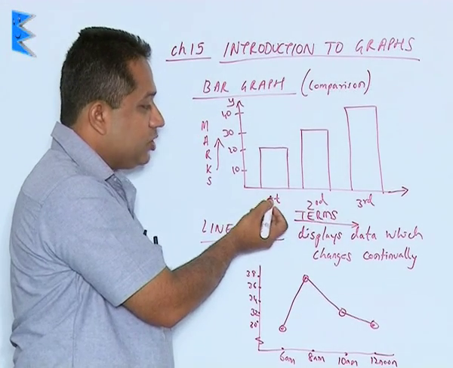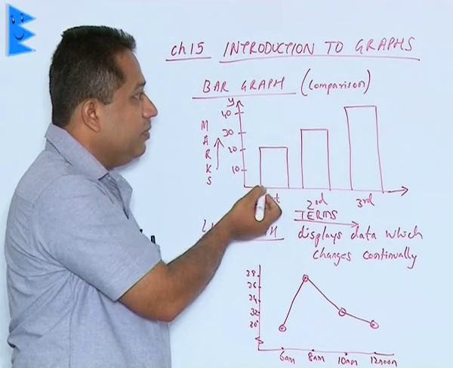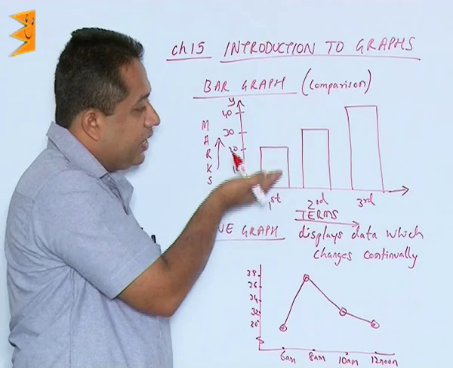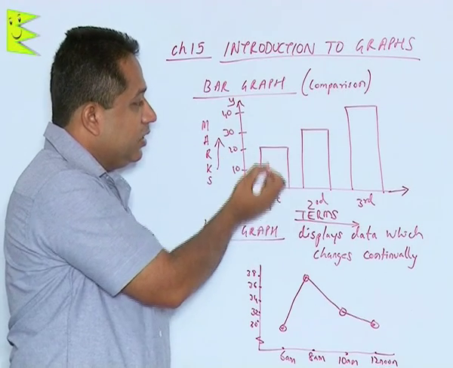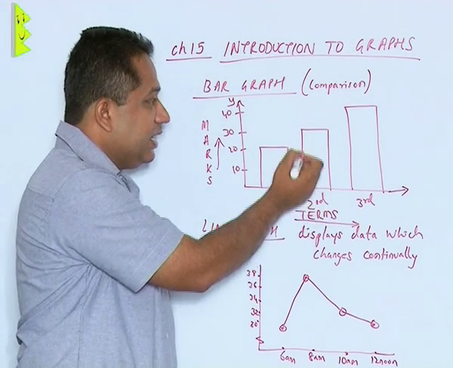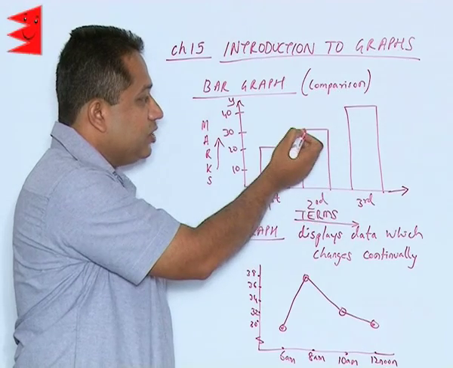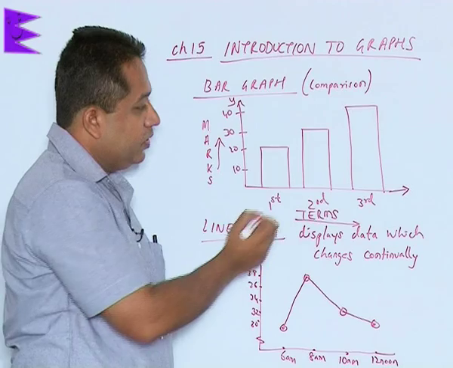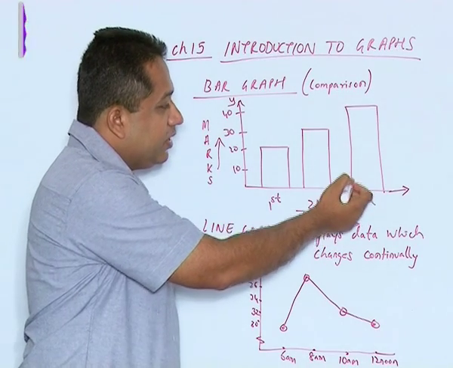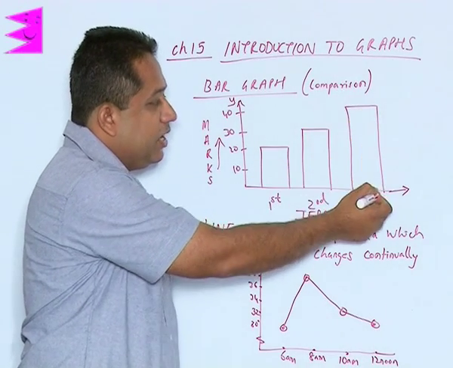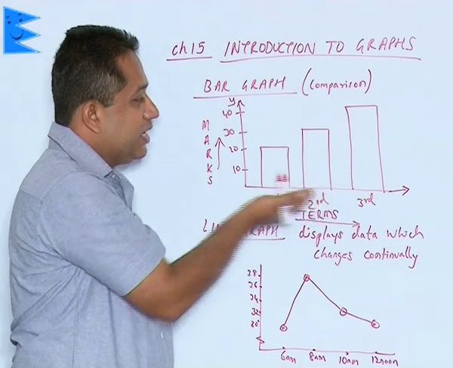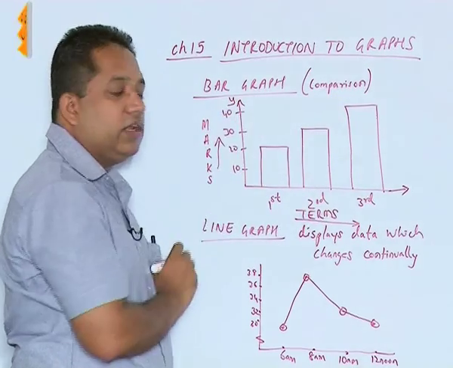Now, look at the first rectangle here. In the first term, this particular student is scoring 20 marks because the height of the rectangle is up to 20. In the second term, the rectangle's height is increased, and the corresponding value with respect to marks is 30. And in the third term, the rectangle has grown in height, and if you extend this parallel to the x axis, you will find that it is intersecting at 40.